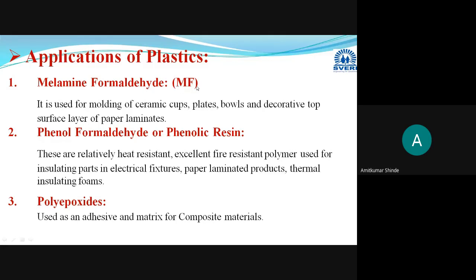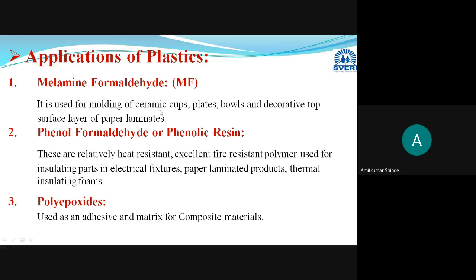This is used for manufacturing of moldings of ceramic cups, ceramic plates, ceramic bowls, and a decorative top surface layer. One decorative layer is there on the paper laminations. That layer is manufactured with the help of this melamine formaldehyde only.